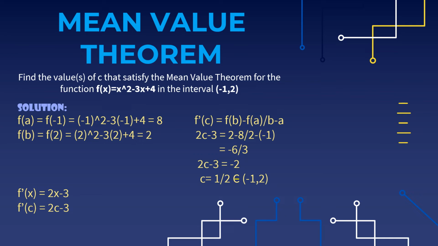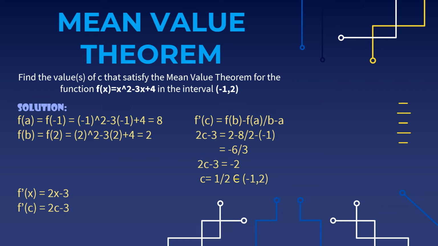Problem solution. For the first step, we need to substitute the values from the interval, which is -1 and 2, into the function, and we will get the values 8 and 2 respectively.